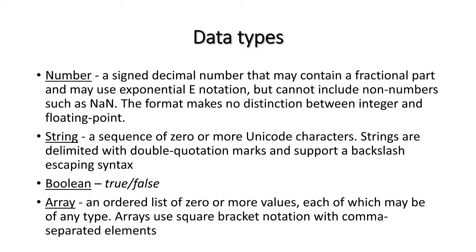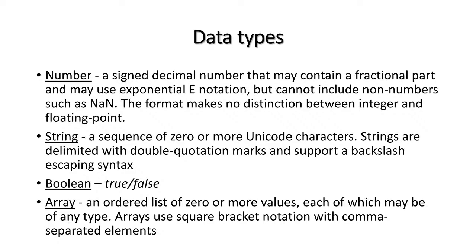For JSON files and for JavaScript, all numbers are the same. A number can be signed, can be a decimal with a fractional part, and can use exponential notation, but cannot include non-numbers such as not-available numbers. There is no distinction between integer and floating point. All numbers are considered as numbers, and all of them have the same type.